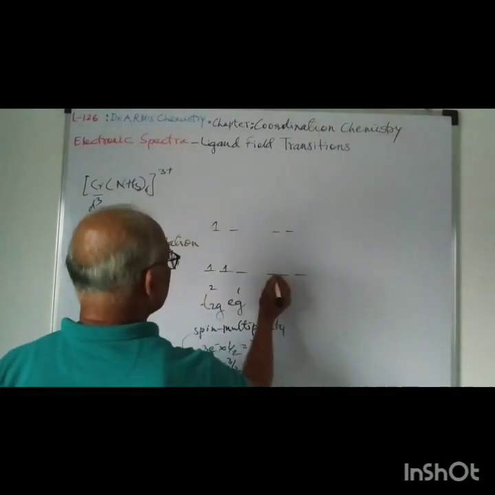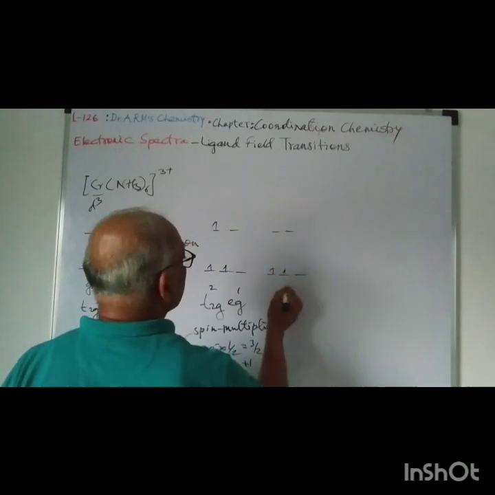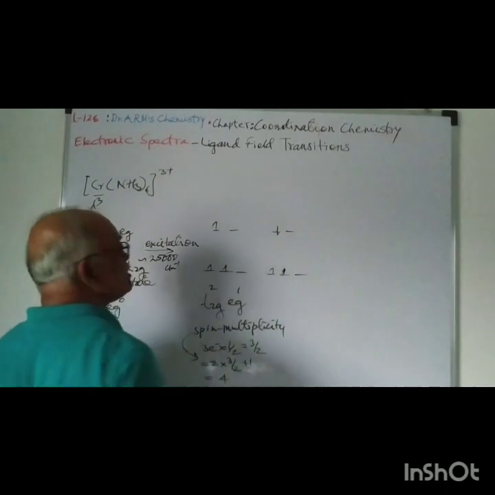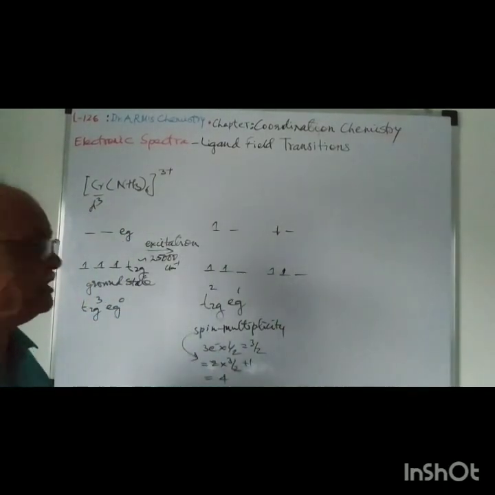In an alternate way, the 2 electrons are here, and the 3rd electron may enter into the orbital with opposite spin.